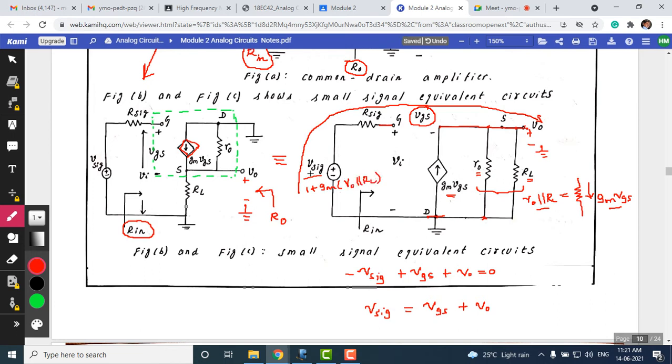So that is the equivalent of VGS. The voltage at this point is equal to V signal divided by this. That means the voltage is getting reduced by the factor of 1 plus Gm into R naught parallel with RL. So this is the VGS equation that we have derived so far.